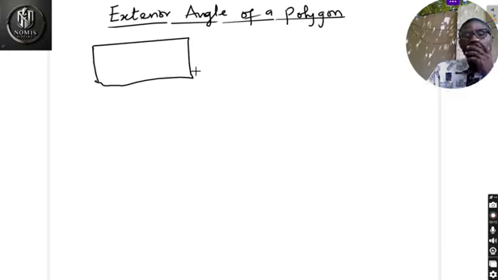Sorry, it's not straight. So let's assume this is a rectangle. We can see that this is a side, this is another side.